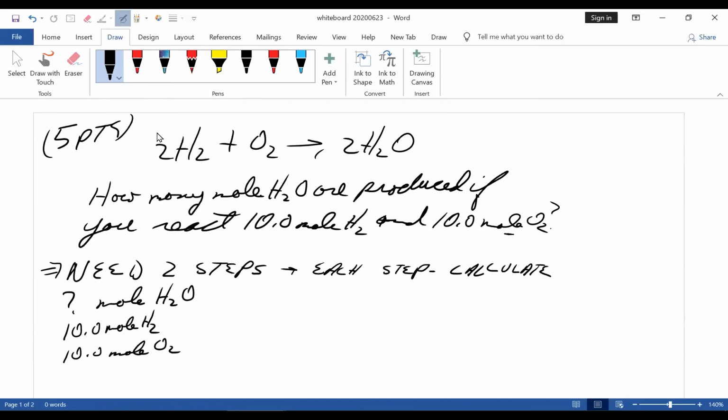And I think I spelled calculate wrong, but I was always first. And what you do is calculate the moles of product formed from each reactant. In other words, for hydrogen, if all the hydrogen reacted, how many moles of water would you form? If all the oxygen reacted, how many moles of water would you form?